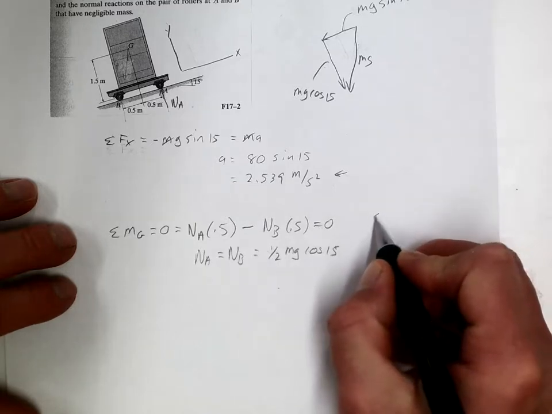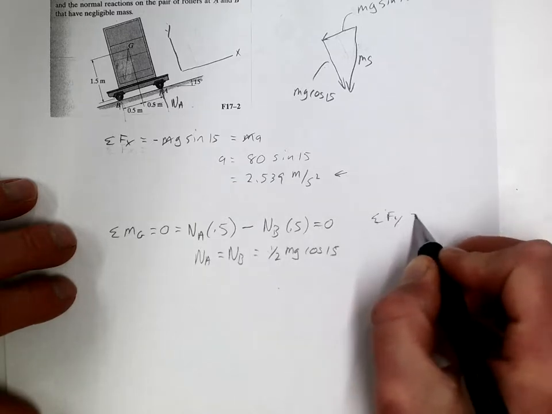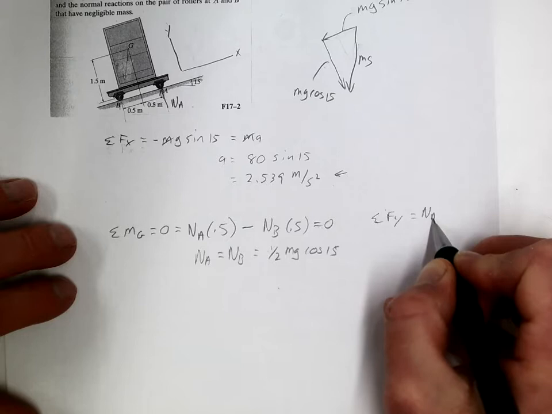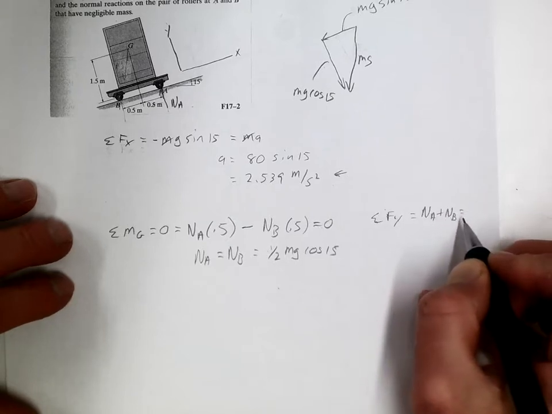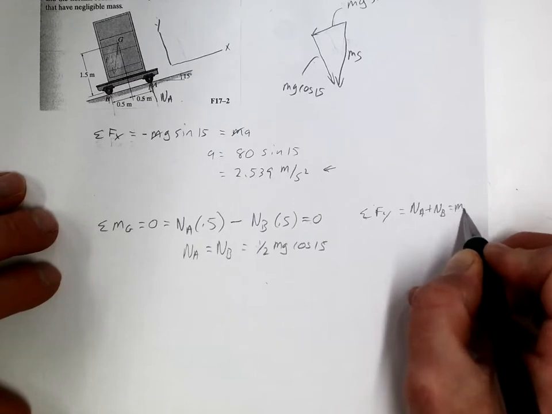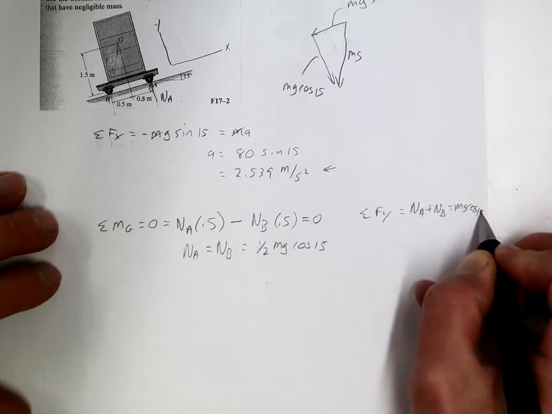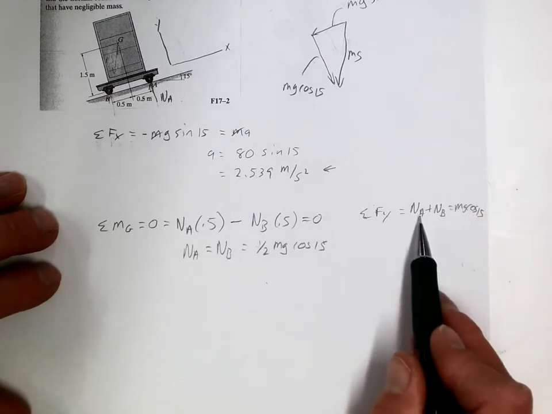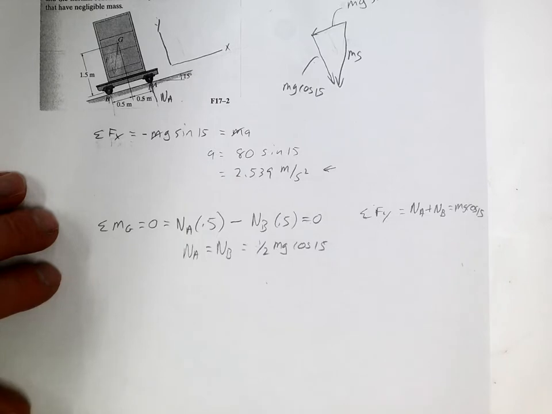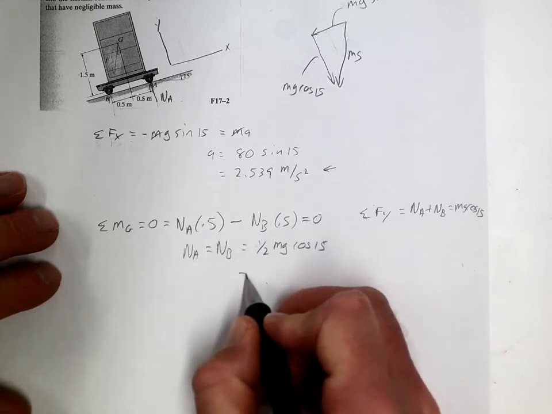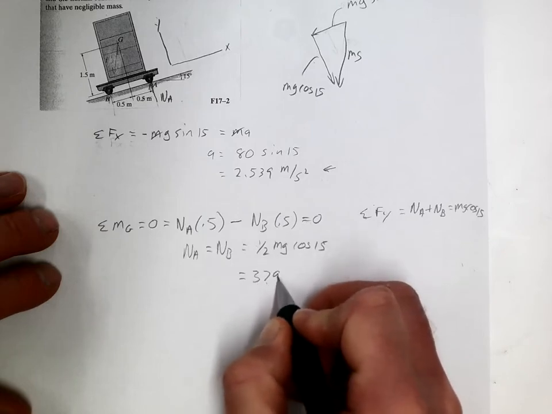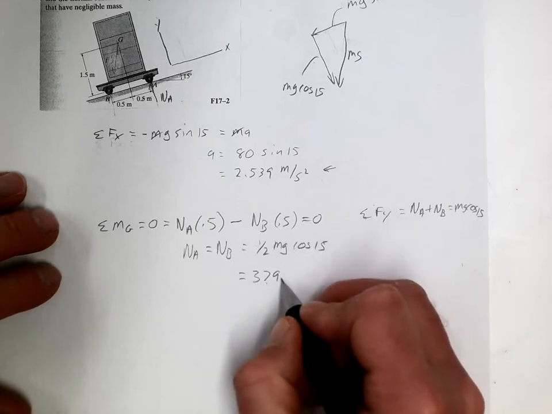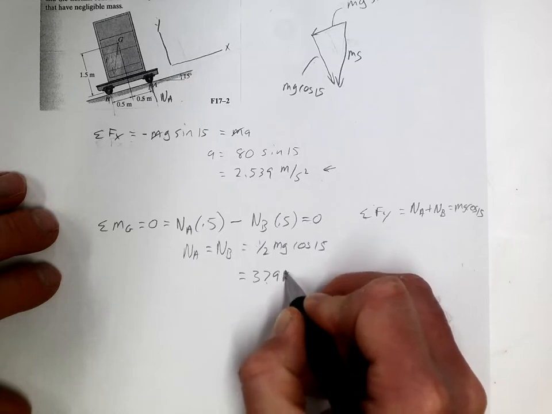Because if we sum the forces in the y direction, NA plus NB equals mg cosine 15. So each one takes half. And so that is equal to 379 newtons.